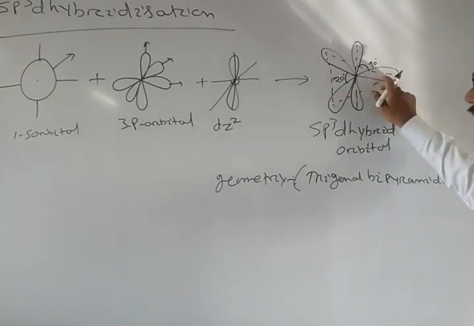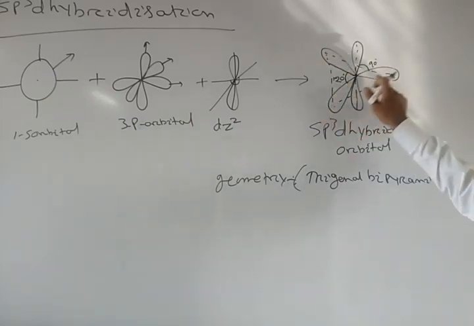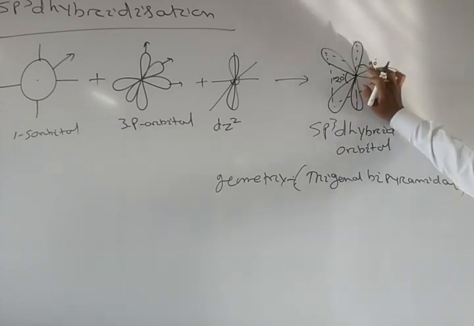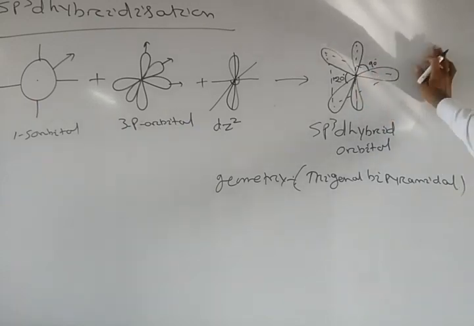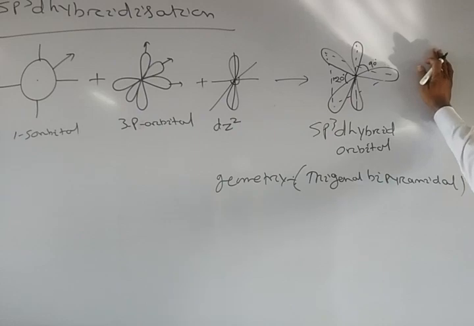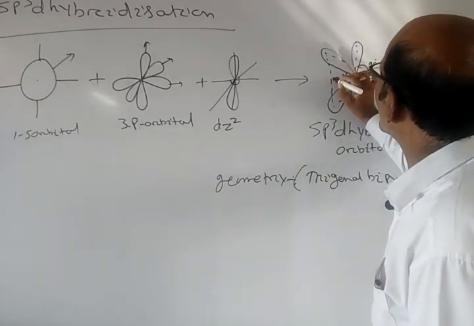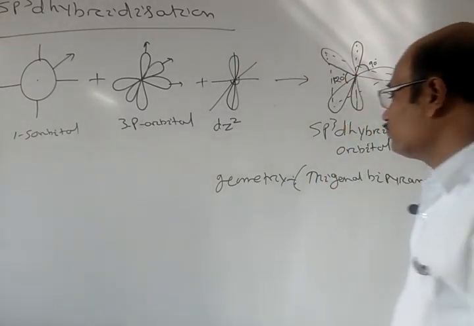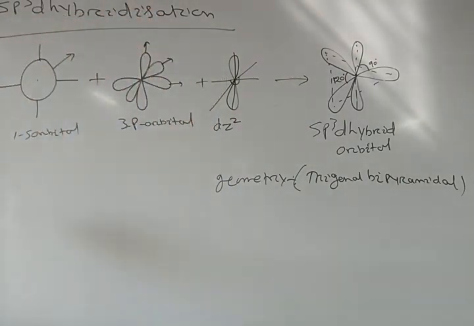Three are of one kind, the three corners of an equilateral triangle having a bond angle of 120 degrees, while the other two form a right angle to these first three equatorial hybrid orbitals. So we have two bond angles here, one is 120 and the other is 90 degrees.